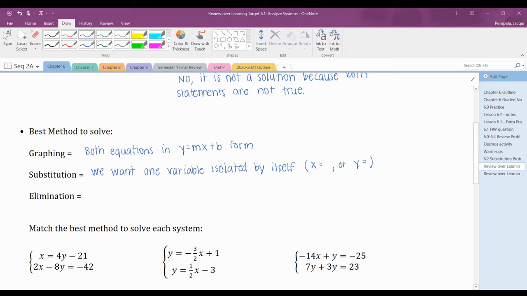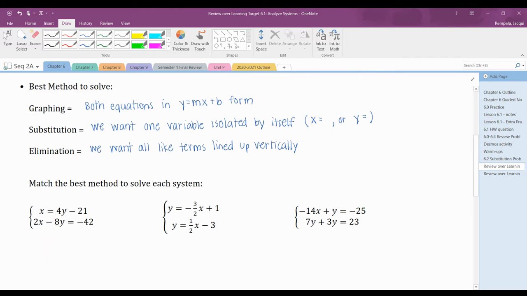As far as elimination, we want all like terms lined up vertically. That means I want the x's one on top of the other, the y's one on top of the other, the equal signs one on top of the other, and the numbers one on top of the other.